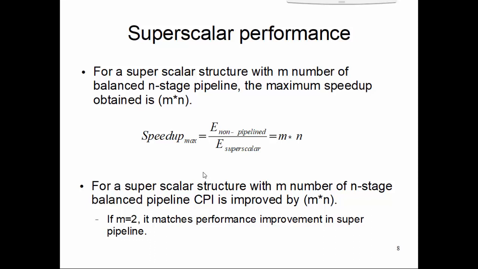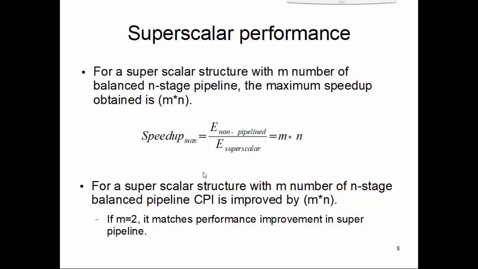Your CPI there is 5 because it's a 5-stage operation, always 5-stage execution for an instruction. So it's a 5-stage pipeline, and you are deploying, let's say, 10 of them. So your performance improvement with respect to a non-pipeline system with the superscalar would be 5 multiplied by 10, which is like 50x gain.